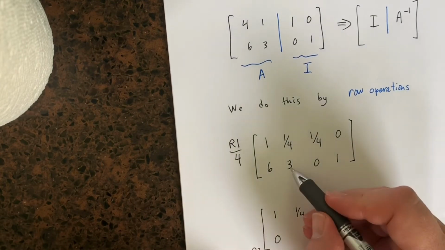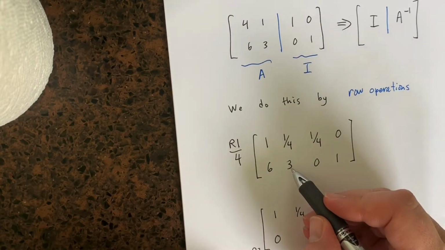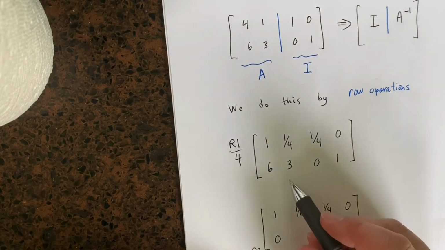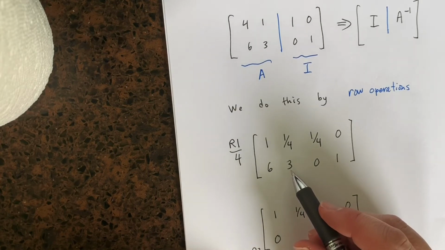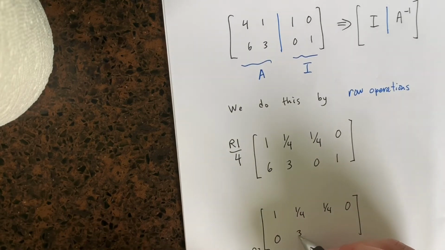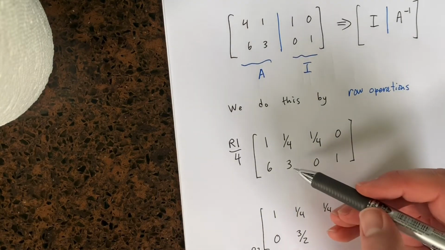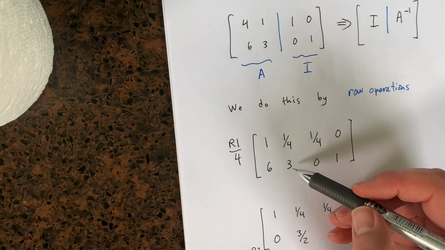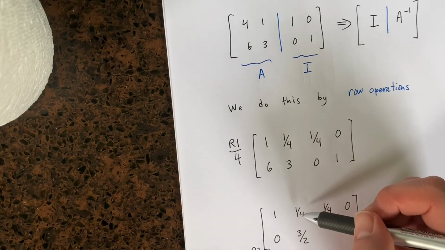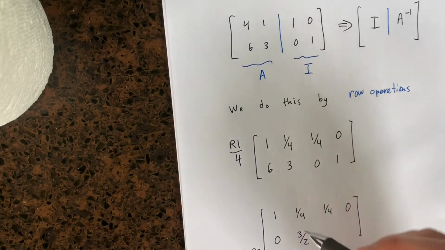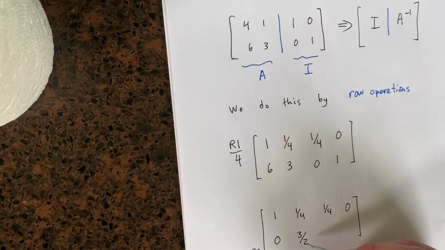So -6 times 3 plus, -6 divided by 4 plus 3. So you'll have -6/4 plus 12/4 is 6/4 or 3/2.